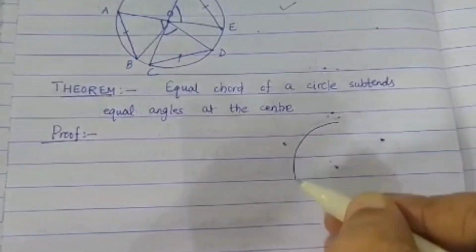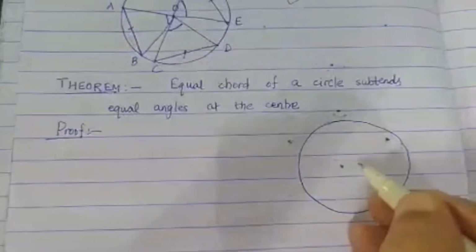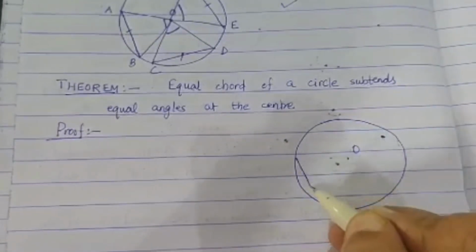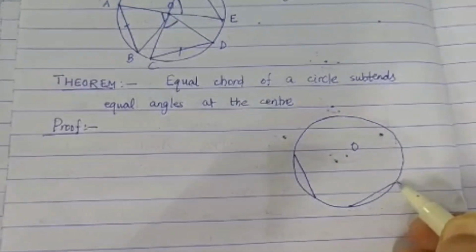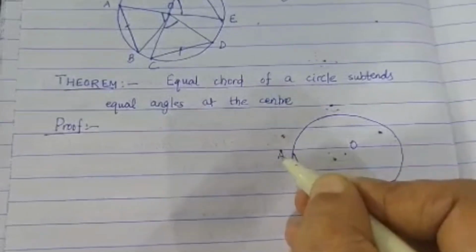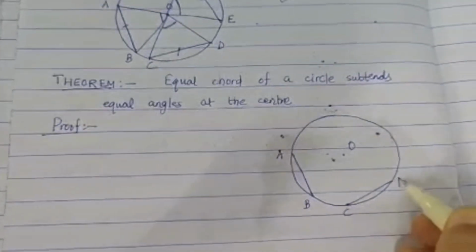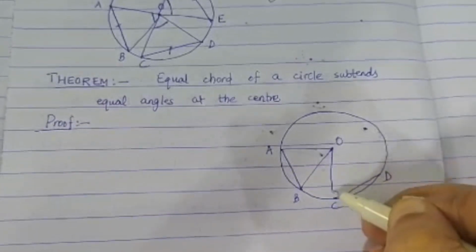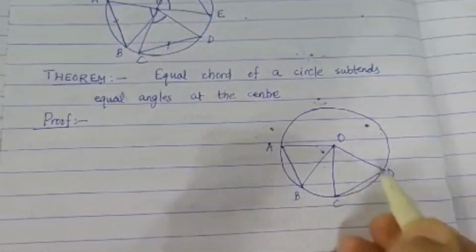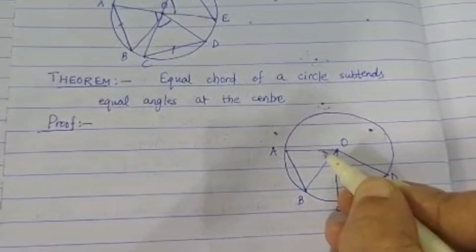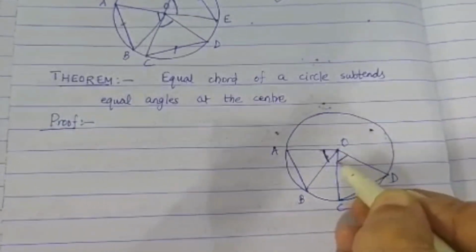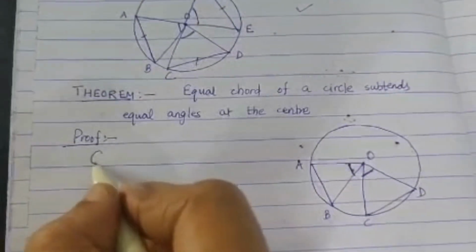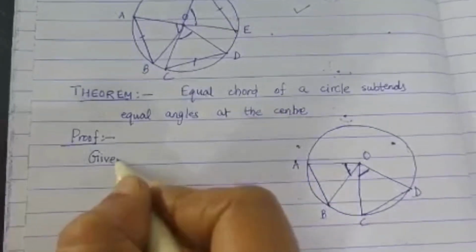Let us suppose this is a circle having center here, and these are the two chords AB and CD. Let us join AO, BO, CO and DO. So we get two angles here, one is this and one is this. First, what is given?